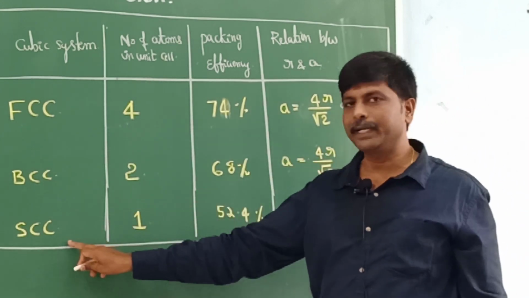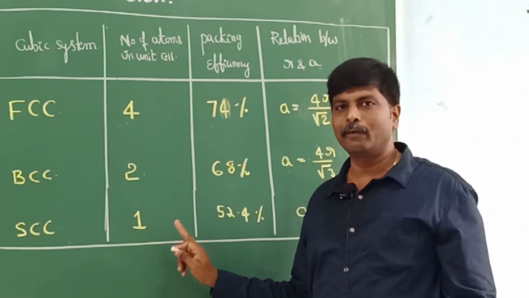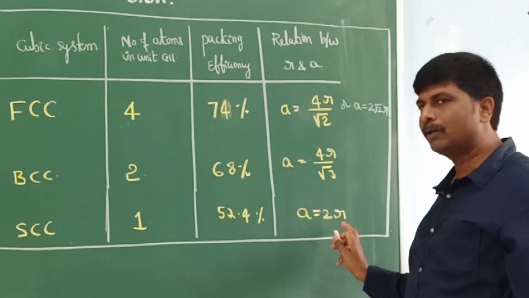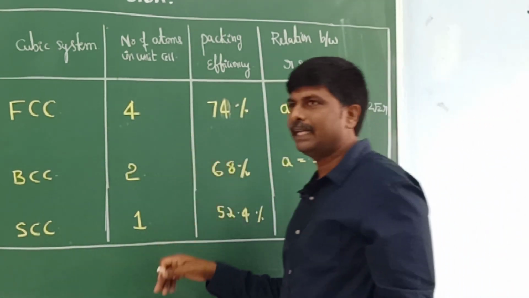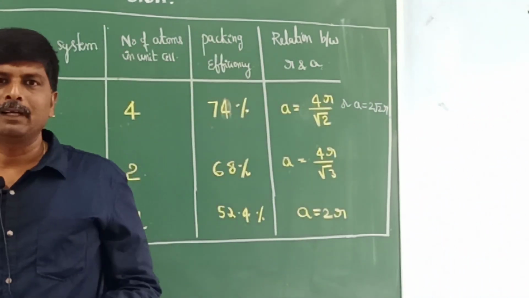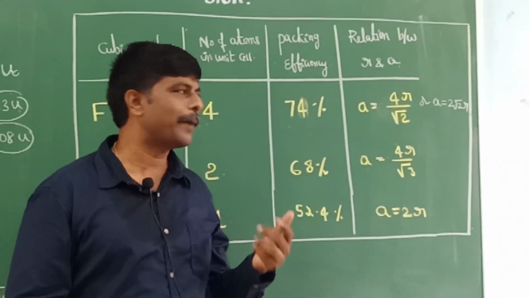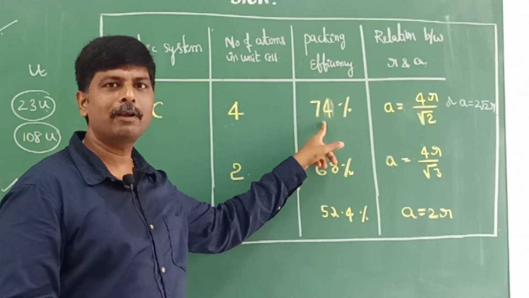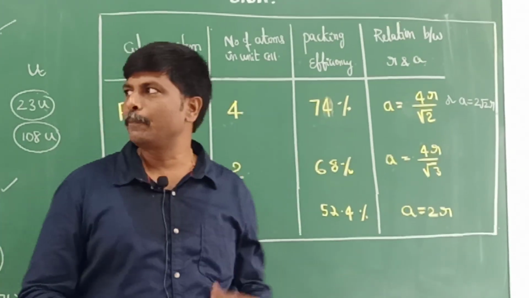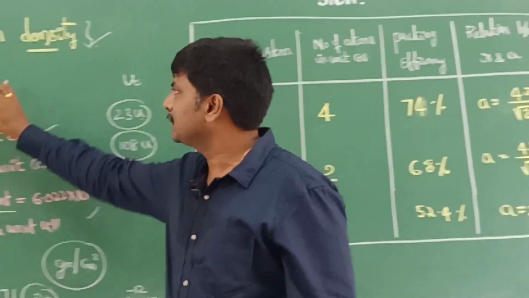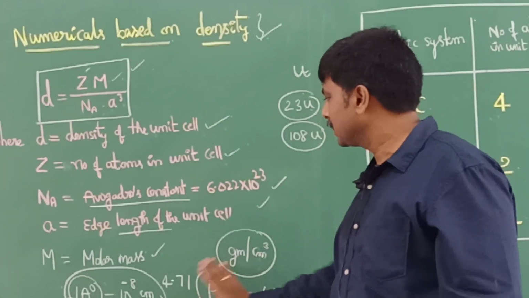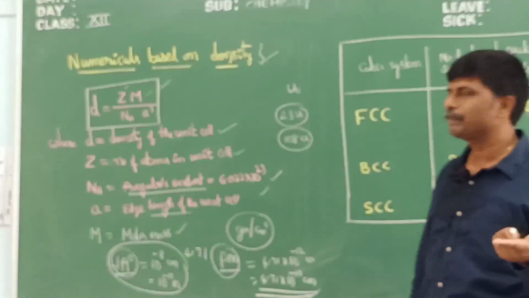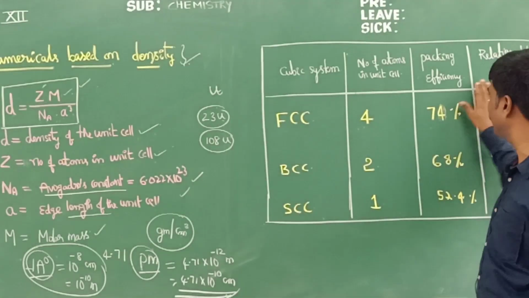For simple cubic, the number of particles is only 1, packing efficiency is 52.4%, a is equal to 2r. Now among these three, which packing is more efficient? FCC is more efficient, that is 74%. Before solving numericals, read this formula, check the units in which each quantity is given, and remember the relation between r and a.